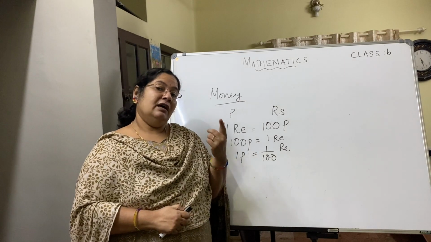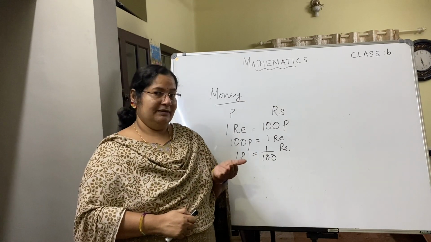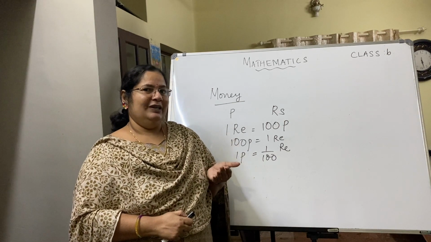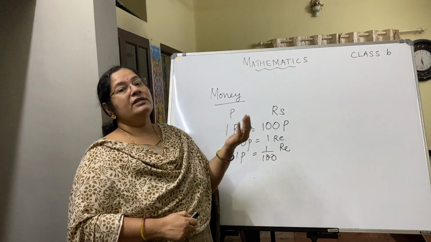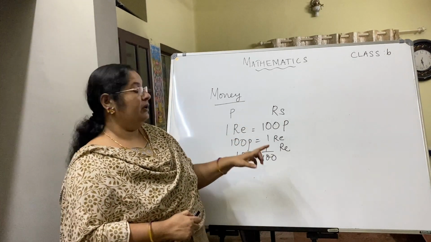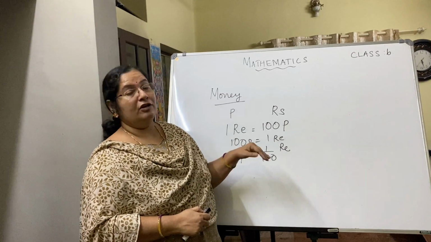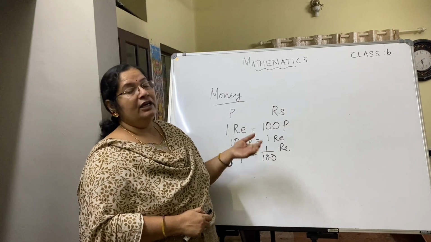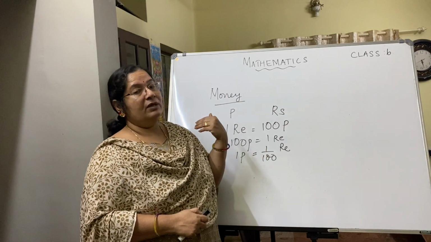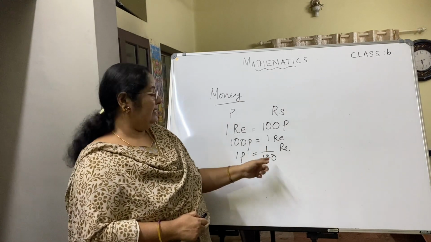Now we have learned how to convert fractions to decimals. What you will do is shift the decimal place towards the left as many places as there are zeros in the denominator. Because the denominator here is 100, you will be shifting 2 places towards the left, as there are 2 zeros.